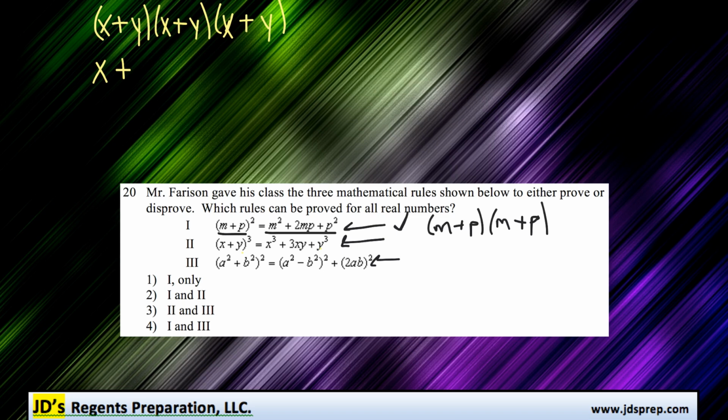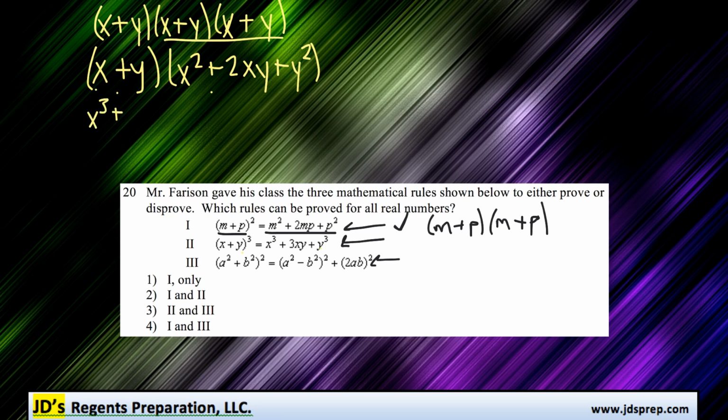So let's get started. First I'm going to multiply these together, so we get x squared plus 2xy plus y squared. And now we need to multiply these two polynomials together. First I'll do x multiplied by everything in there, and we'd get x cubed plus 2x squared y plus xy squared.